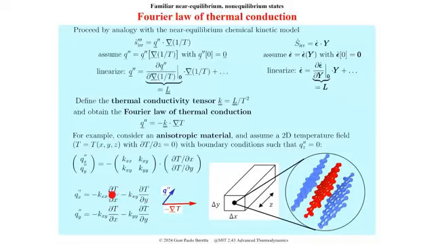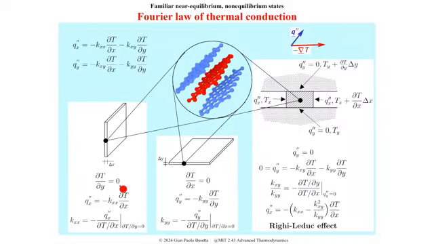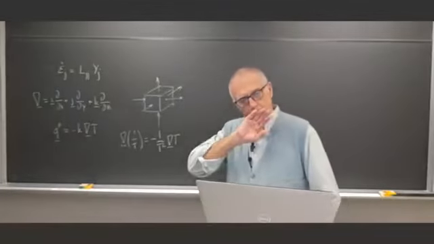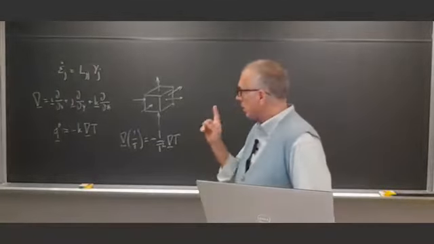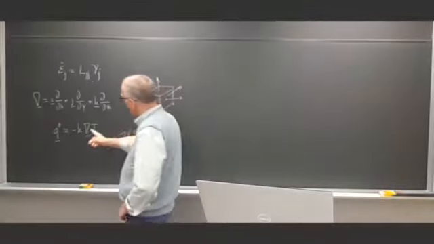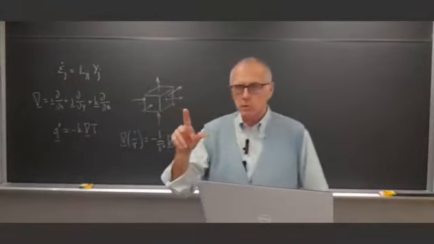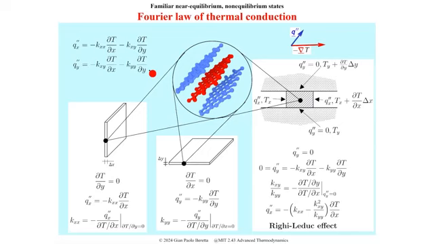Okay, so these are the equations. Let's see how you would characterize this material. You don't just have one thermal conductivity. You need to measure 3 parameters. Or actually, there are 4 entries in the matrix.